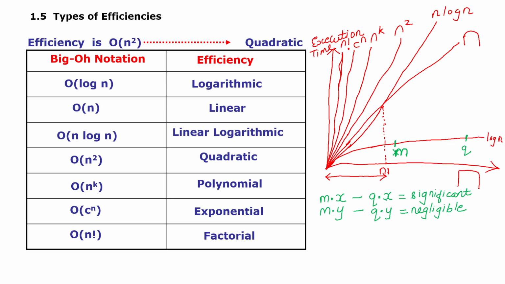It means that although the number of elements increases significantly from year to year, the corresponding increase in execution time is negligible. Once again, I'll repeat, although the increase in number of elements from year to year is significant, the corresponding increase in execution time is negligible. Now this property, this trait, this feature is desirable or undesirable?